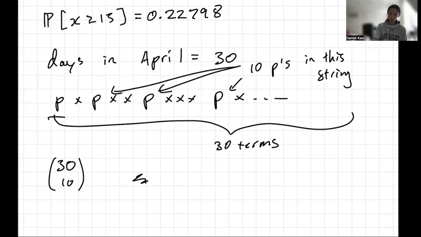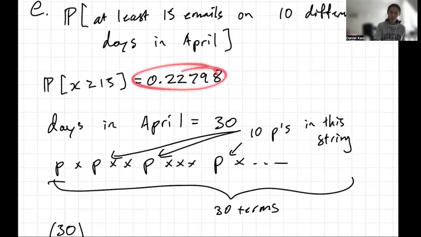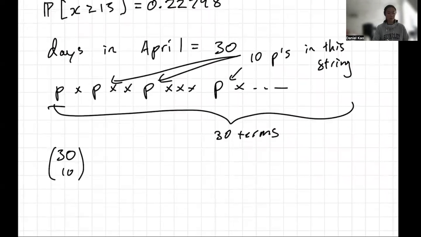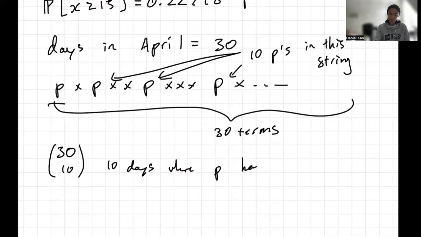Okay. Now, bringing this back to our probability that we found up here. Well, now all we need to do is calculate the probability that some event like this happens. So if we have 10 days where P happens, and let's just call this P to make this less annoying, P happens.